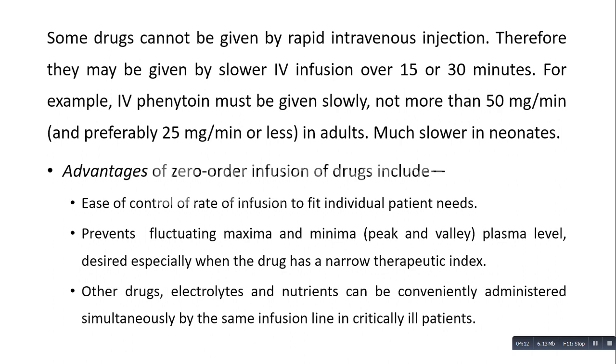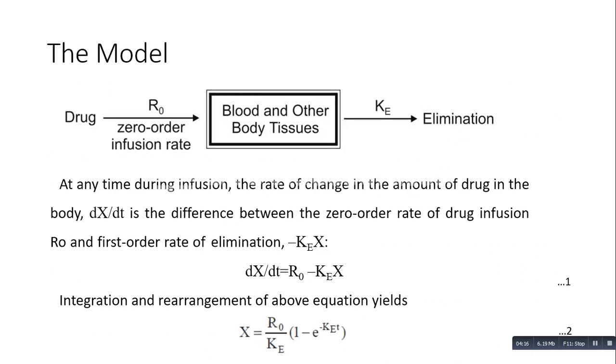So let's start with the model. So here in this case, the drug will be entering into the body and other body tissues, that is considered as a single compartment, in a zero order, because the infusion is given at a particular rate, that is called infusion rate, and it doesn't depend upon the quantity.